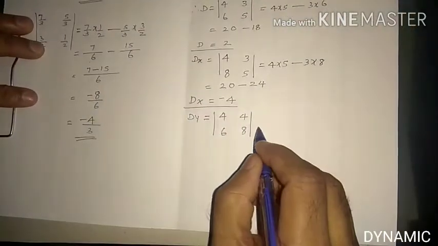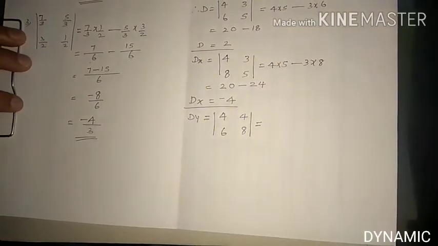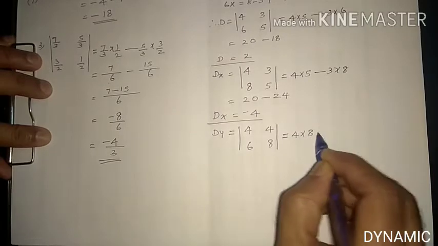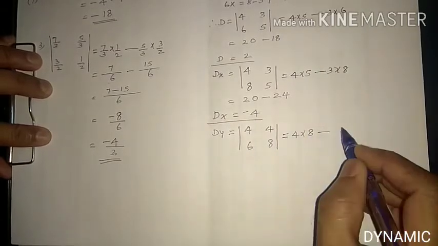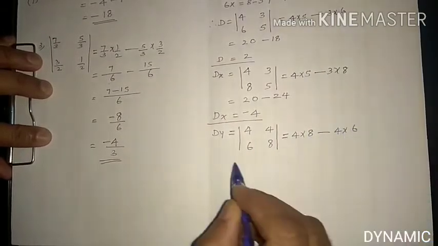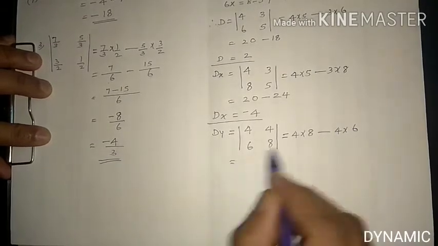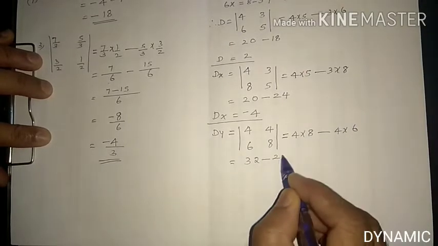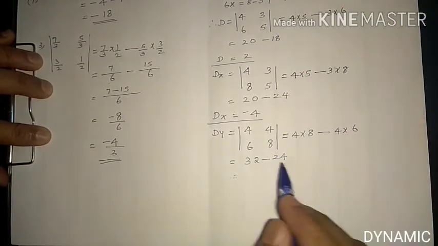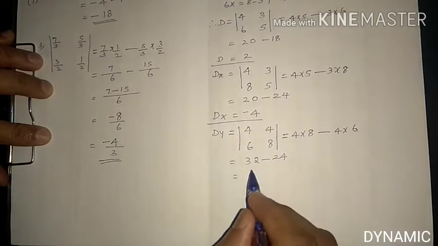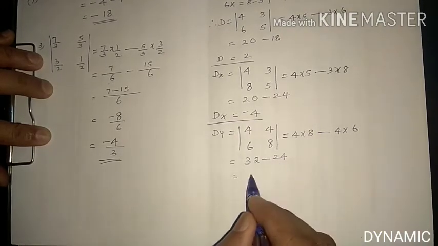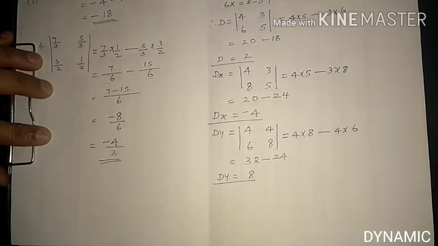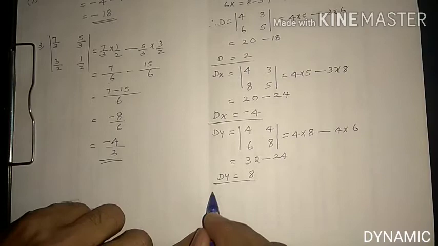This also we expand. 4 into 8 minus 4 into 6. 4 8s are 32 minus 4 6s are 24. 32 minus 24 is 8. dy also we got.